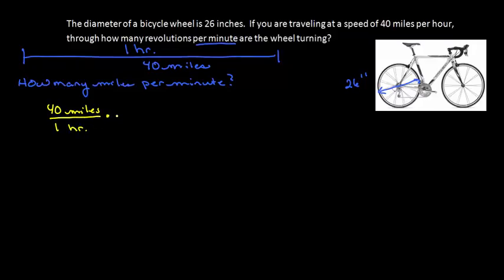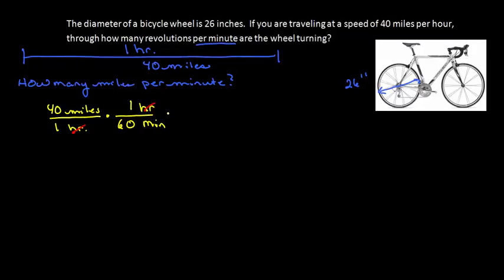And if we want to know per minute, we put hours on the top and minutes on the bottom, and the hours will cancel out. So we need to know the conversion between hours and minutes. We know that there is 1 hour in 60 minutes, or 60 minutes in 1 hour, however you want to think about it.